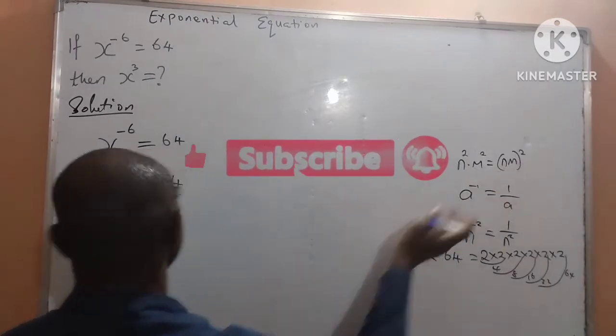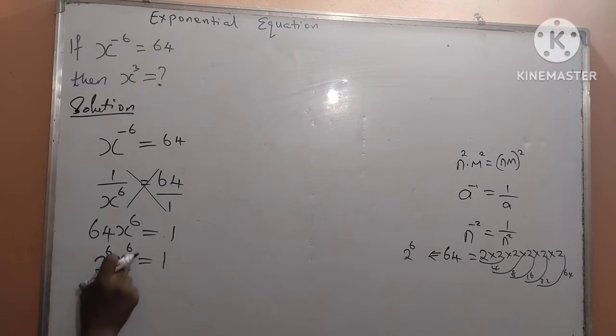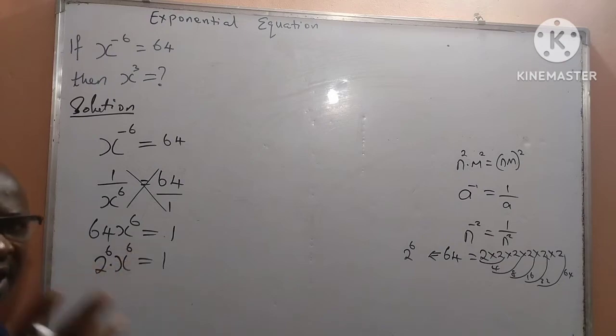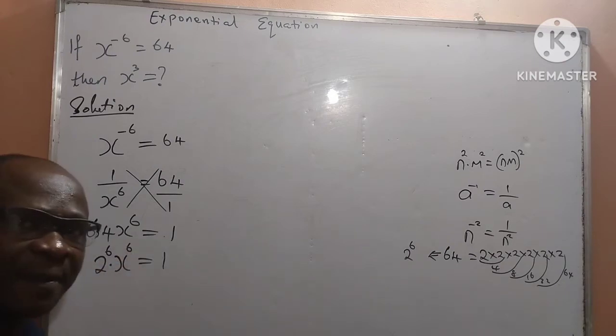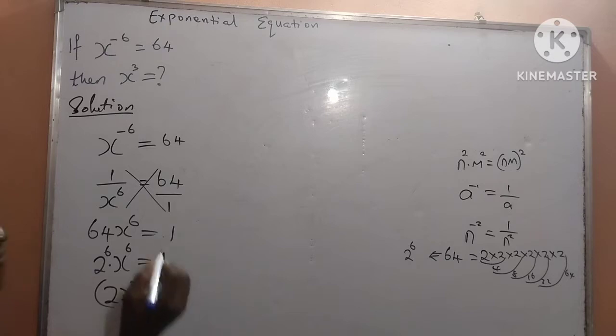We are going to apply it also to the left hand side. What that means is that I have 2 raised to the power 6, I have x raised to the power 6, since the powers are the same. Therefore, I am going to use one common power for them. And I will now put my equation here as 2x all to the power of 6, then equal to 1.